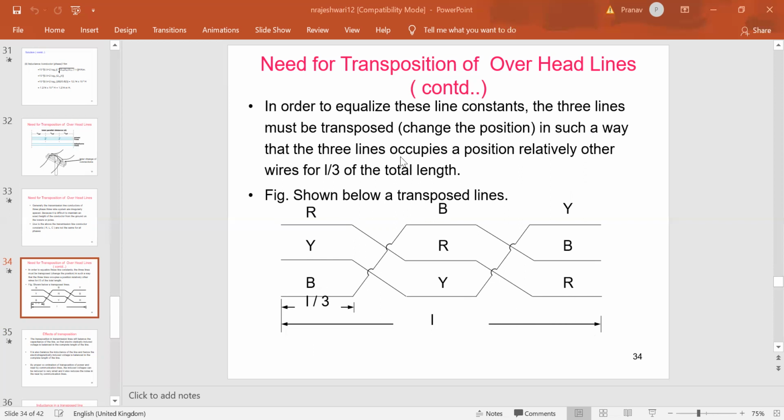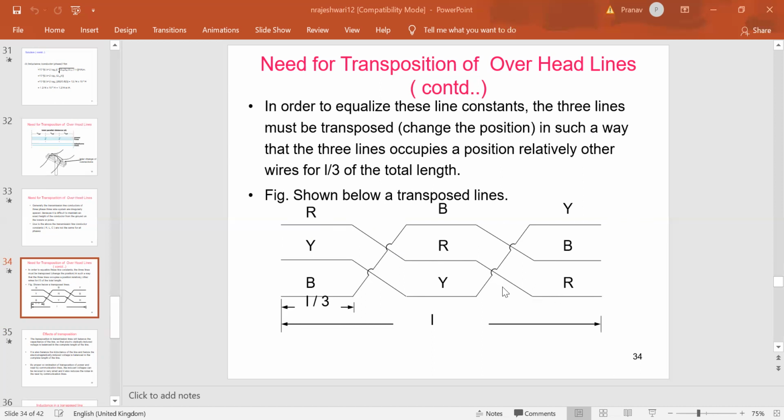By taking L by 3 of the total length, we equalize the line constants in the three transposed lines. So in this way, we take all the line constants as equal. This is the transposition of the conductors for the R phase, and the Y phase is connected like this, and the B phase is also like this.